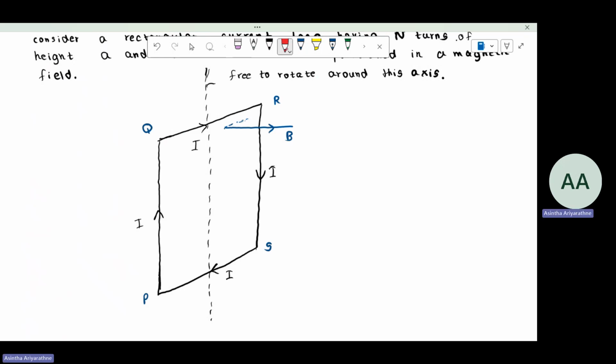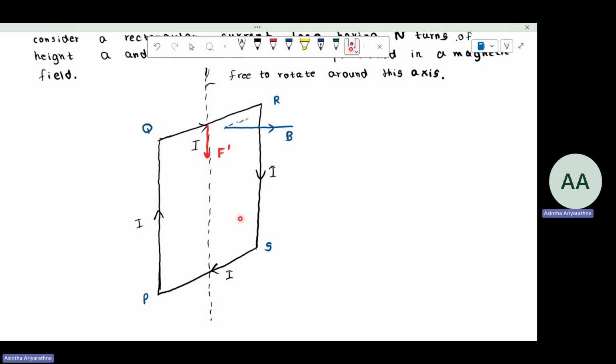Consider the QR segment of this loop. Using Fleming's left-hand rule, we can find that there would occur a magnetic force downward, F dash.